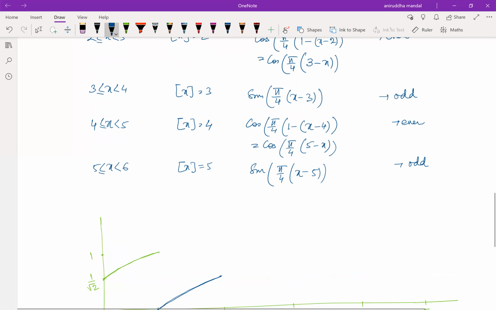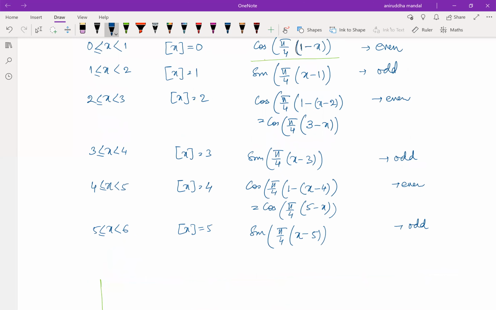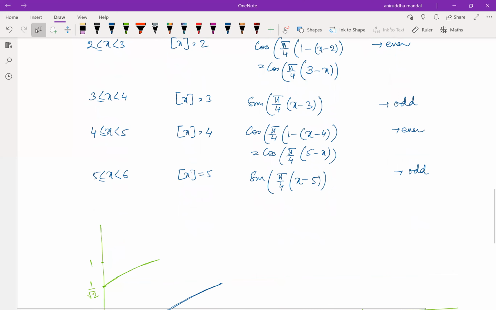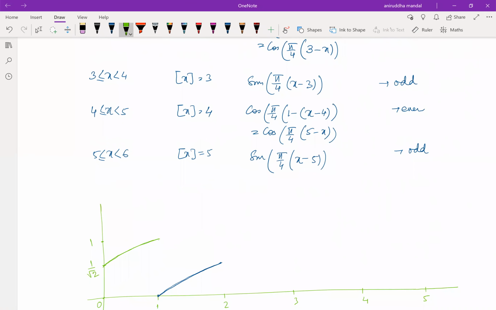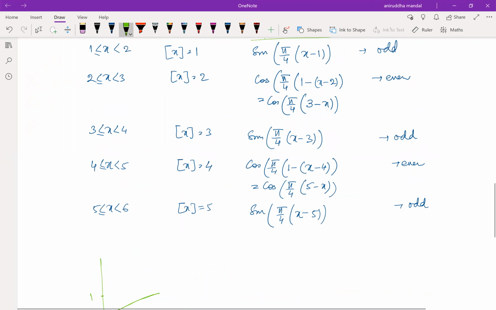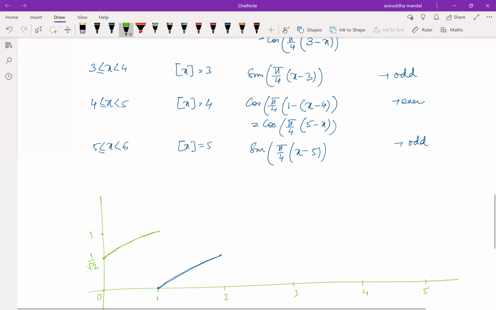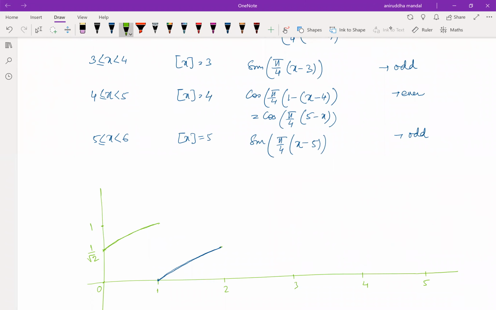Then in between 2 and 3, if we put x as 2, so we have again cos pi by 4, it will start from here only. So we will write this value, and then if we put x as 3, so we have again cos 0 means 1. So again it will go like this.